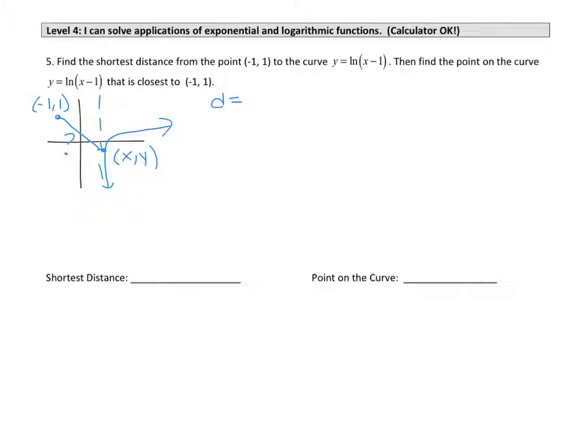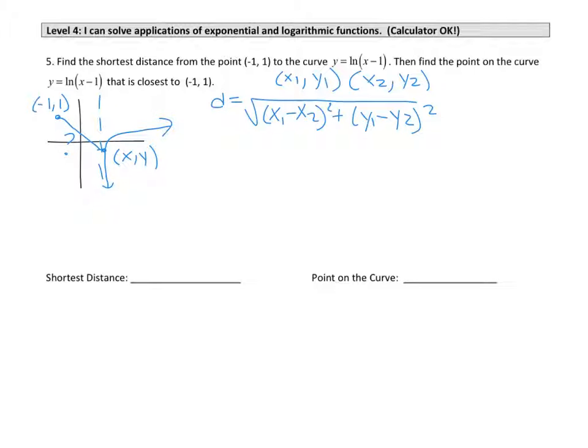Remember, if you have a pair of points x1, y1 and x2, y2, you can represent their distance by doing the square root of x1 minus x2 quantity squared plus y1 minus y2 quantity squared. So my points here are x1, y1, and x2, y2.